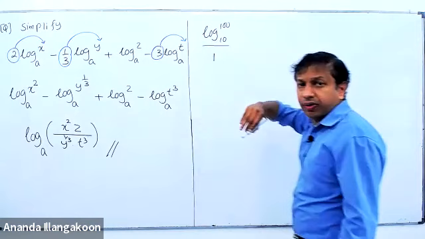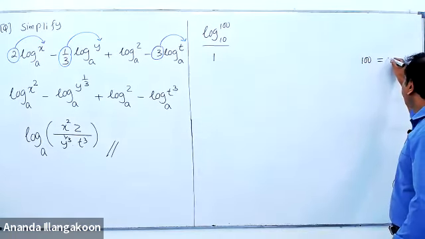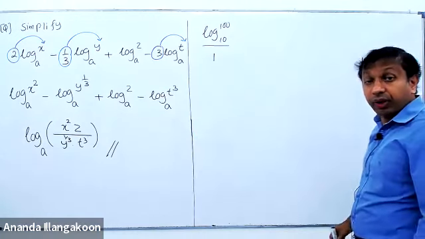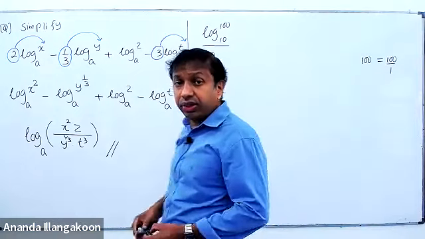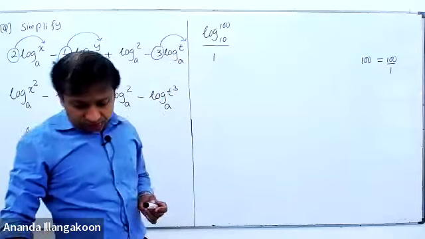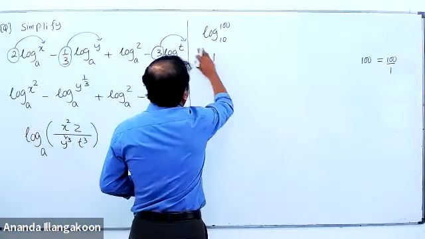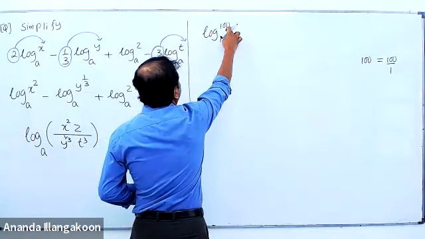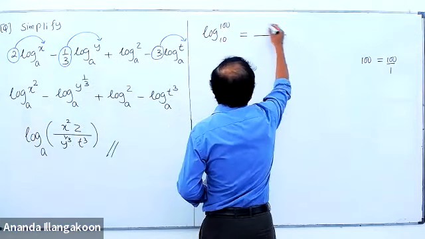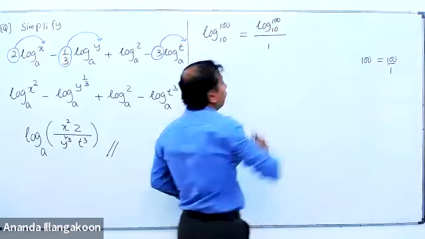Now, for instance, people, when we write 100, this is really 100 divided by 1. Any real number is a fraction. When we write 1000, 1000 means 1000 divided by 1. Understood? Like that, when we write this log 100 to the base 10, really, it is at the numerator. The denominator is 1.